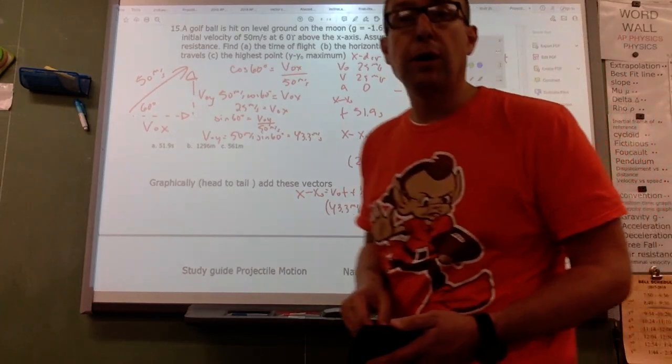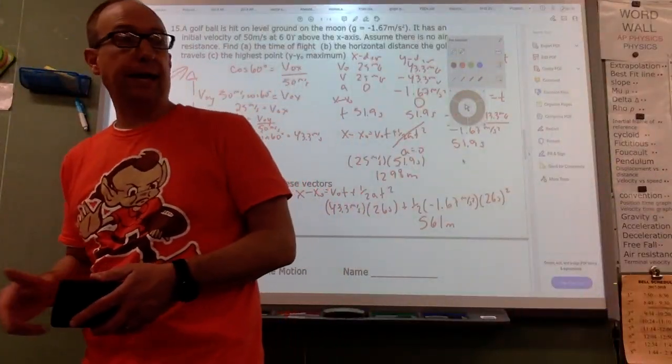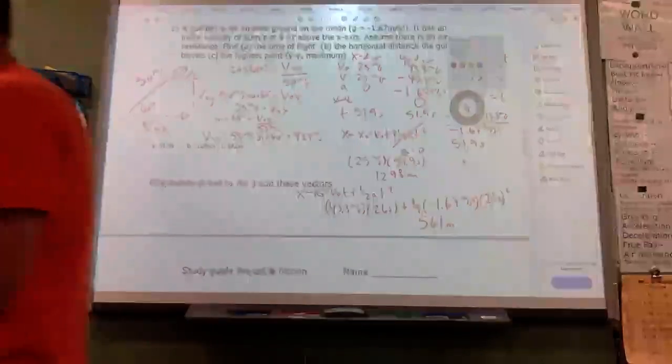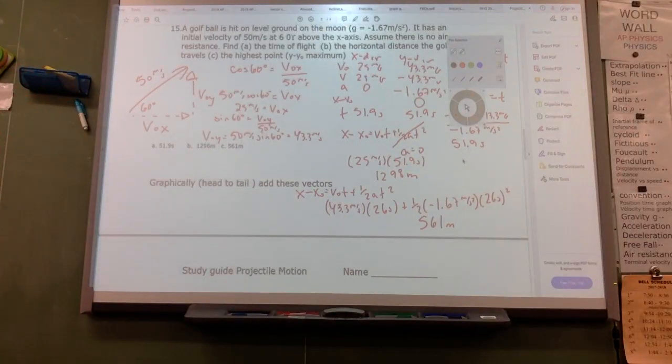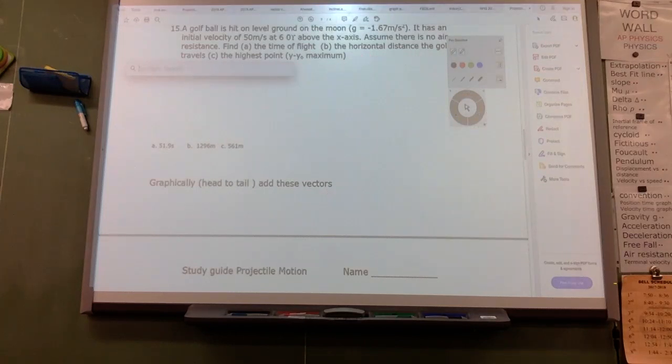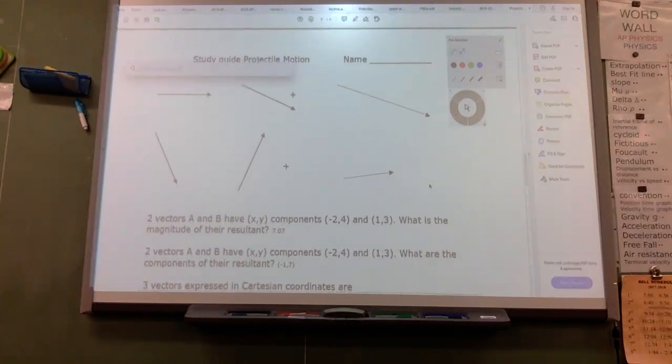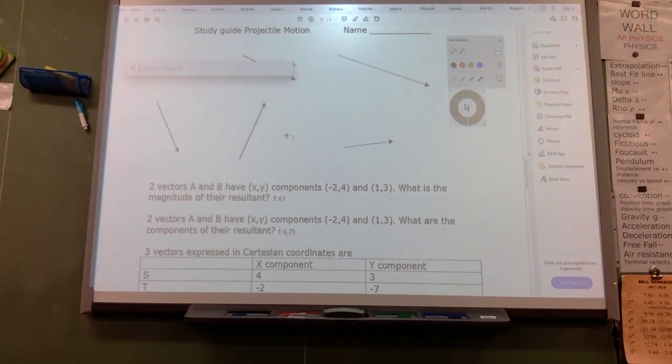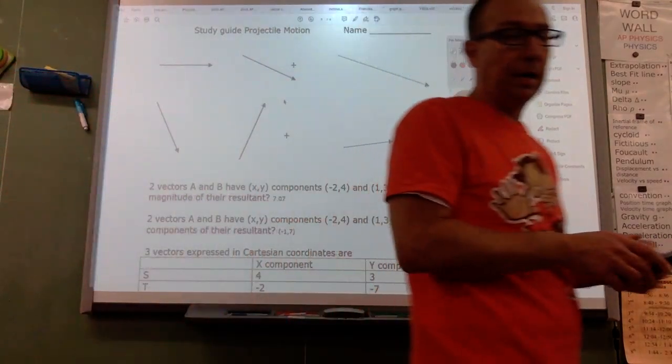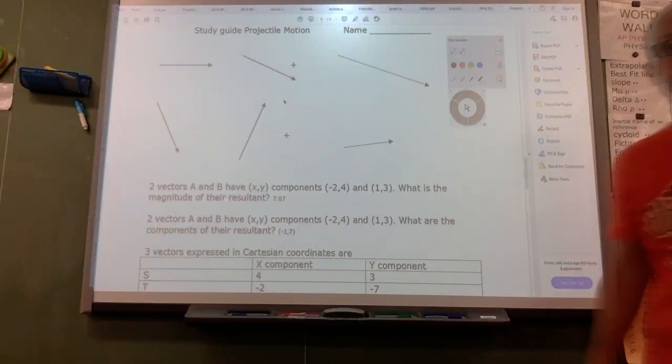All right, so I'm going to clear the ink and I'm going to scroll up and talk a little bit about vectors. So we introduced vectors in this section so that we could work into two-dimensional problems where we were shooting things at an angle.